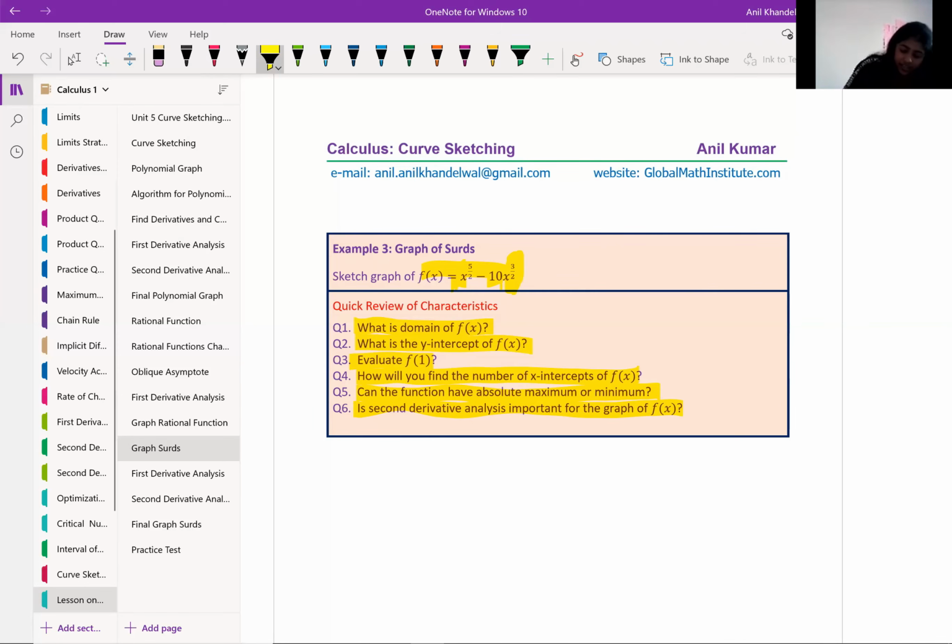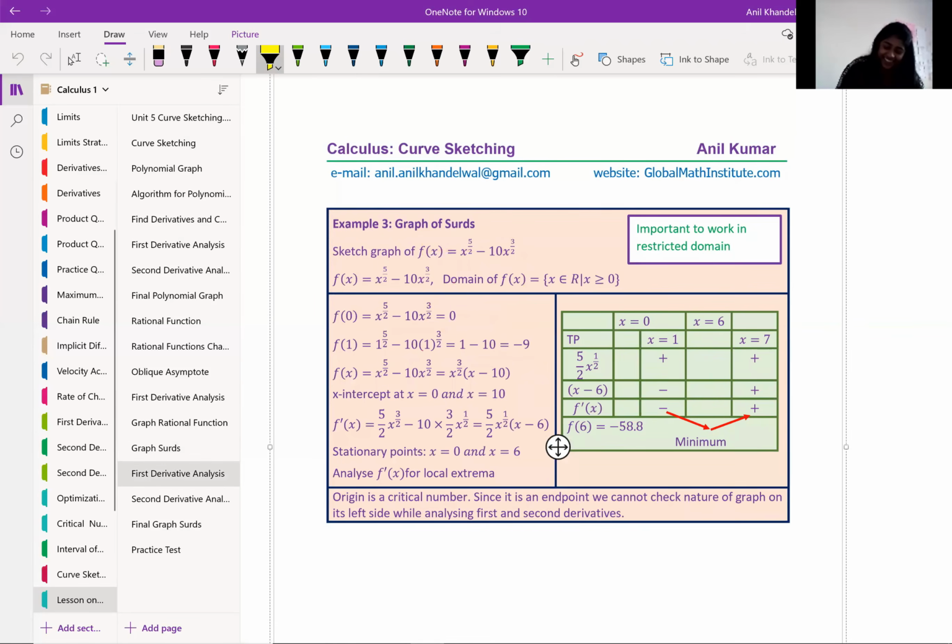It is difficult to find. However, you cannot avoid it. Remember, in rational functions you could avoid it, but in radical functions, you cannot. It's very difficult, so get ready for this. You need to remember all these rules, like which ones need the second derivative and which ones don't. You cannot avoid the second derivative. It may be difficult, but that's half the marks.